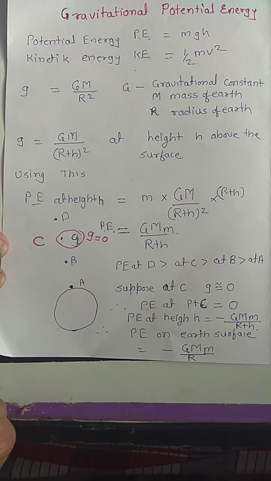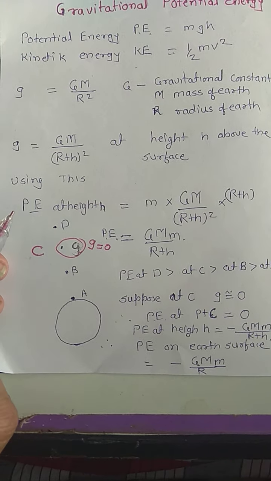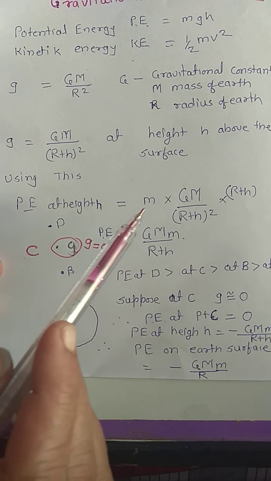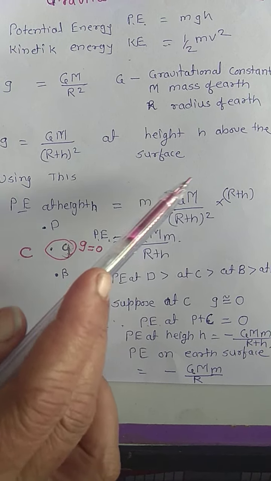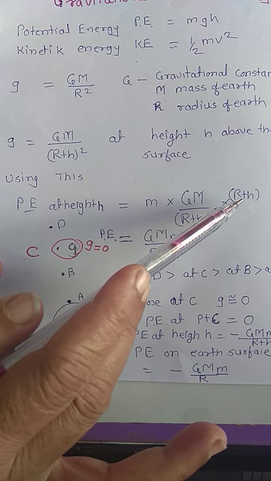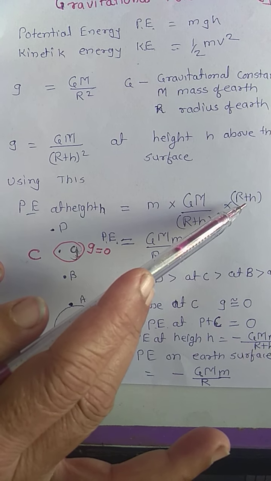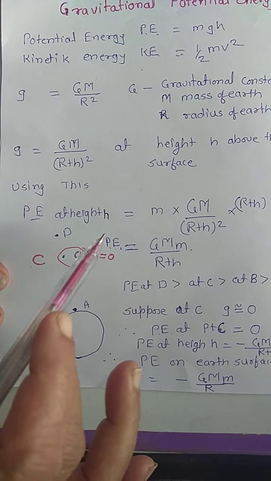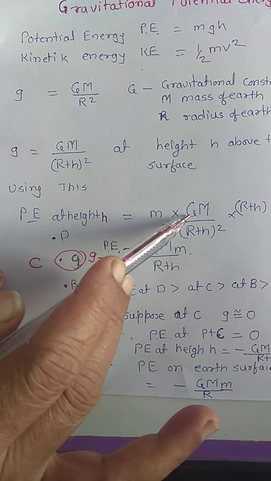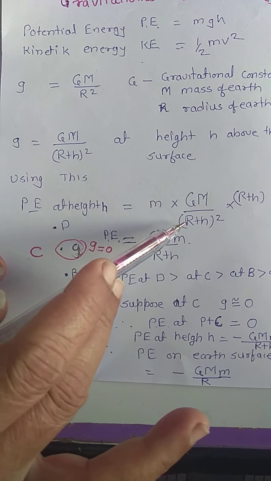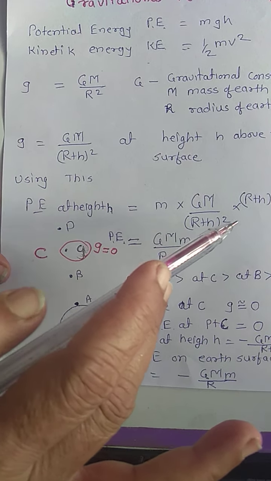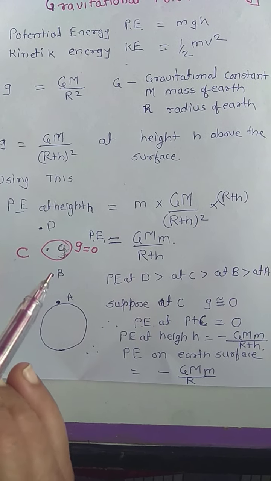Using this, we get that potential energy at height is equal to mg into height of the object from earth's center. That is m times GM upon (r plus h) whole square into (r plus h).